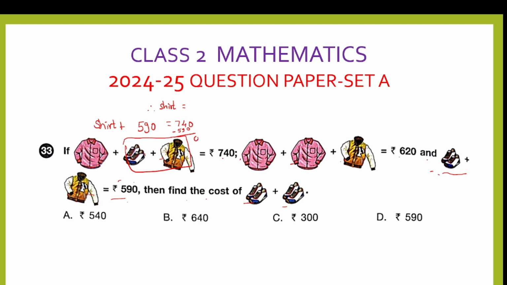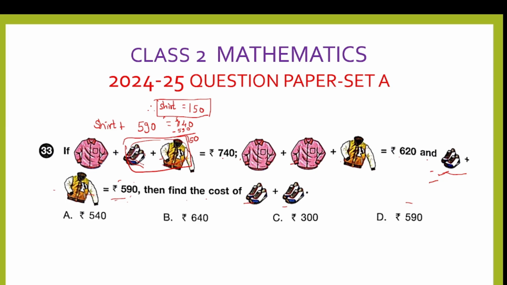So do the subtraction. This is 0. 14 minus 9 is 5. And 6 minus 5, we have to cancel 1, right? So here is 6. 6 minus 5 is 1. Means what? Shirt whose price is 150. Understood what we have done? We have chosen the last sentence, that is shoes plus jacket is 590.